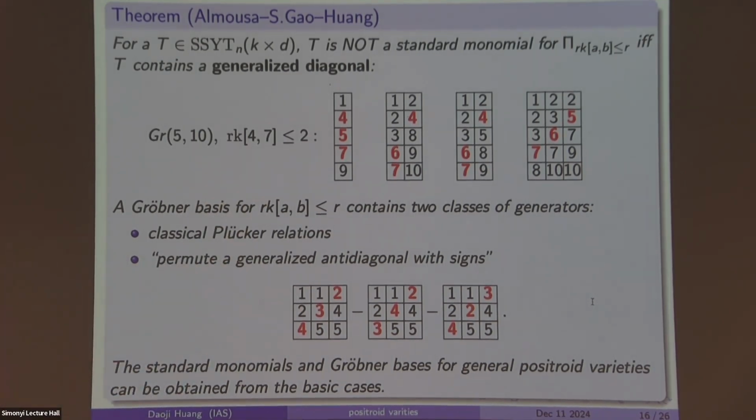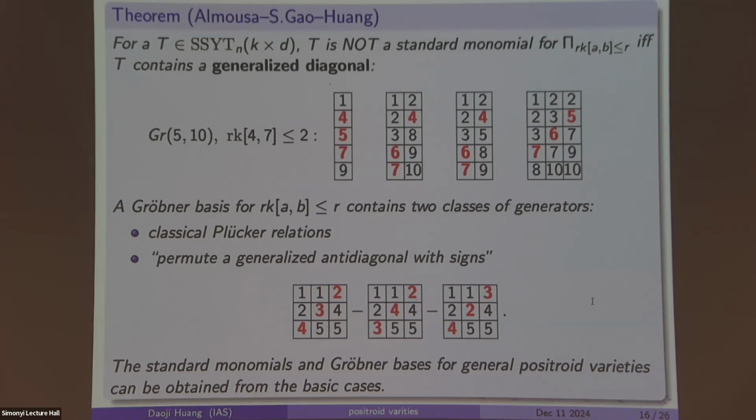So the polynomial you wrote down, what is its degree? In general, how big do your polynomials get? You can take arbitrary permutations, so I guess the biggest number of monomials is m factorial, where m is the length of your generalized anti-diagonal. But as a function of k and n and a and b and r?